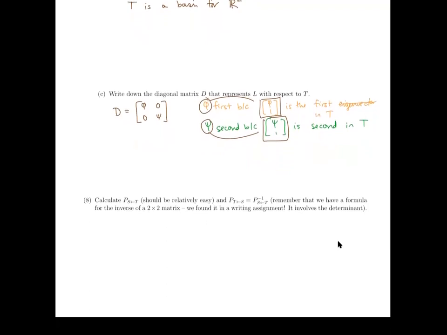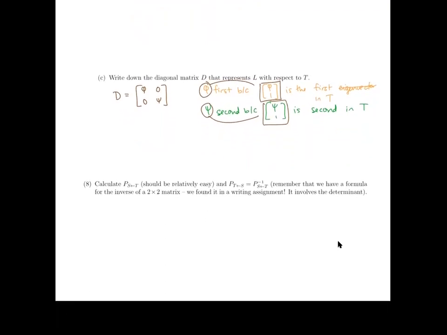I think I've changed this worksheet since I gave it to you because I realized there's a quicker way to get the inverse of one of these matrices. So if we calculate P from T to S, remember what we need to do is take our T basis and give it coordinates in the S basis. And since S is the standard basis, there's nothing to do here. Our vectors already come in the right form.